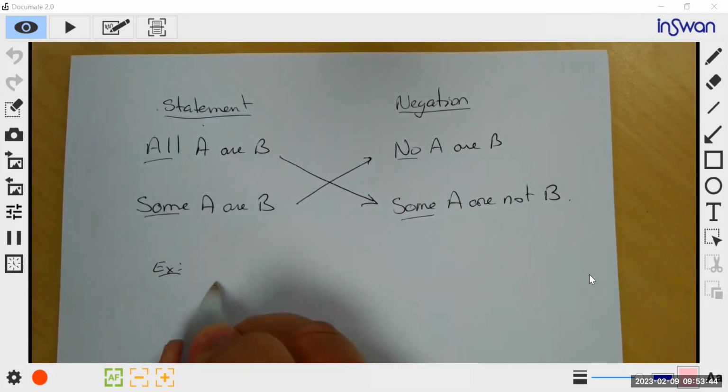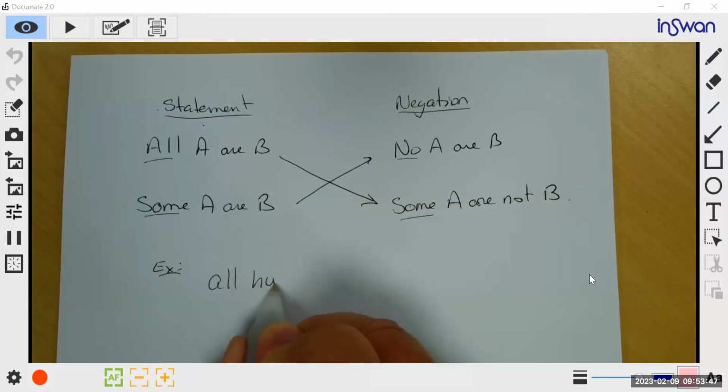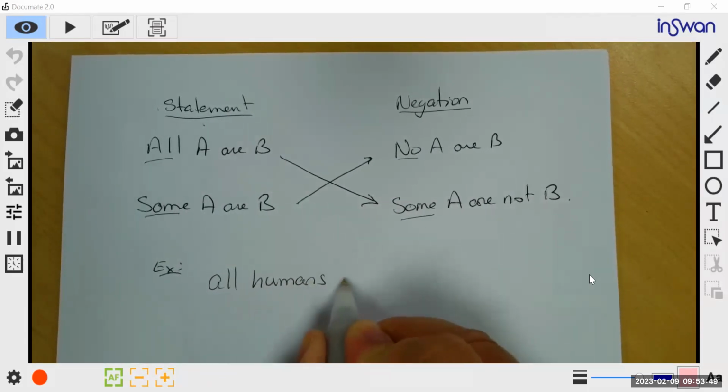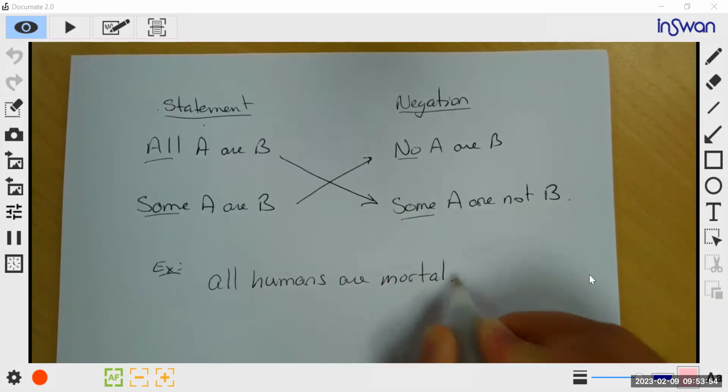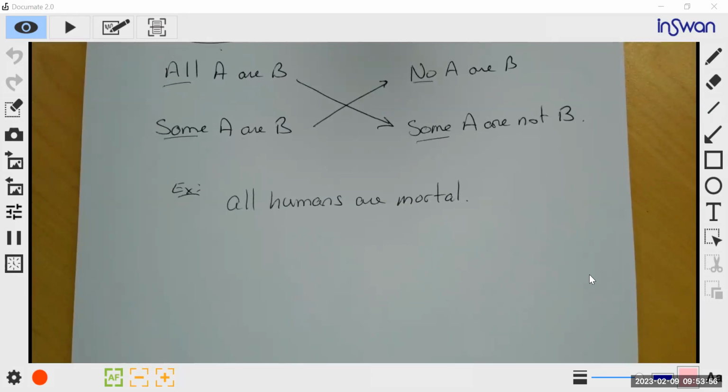Example. All humans are mortal. What's the negation of that?